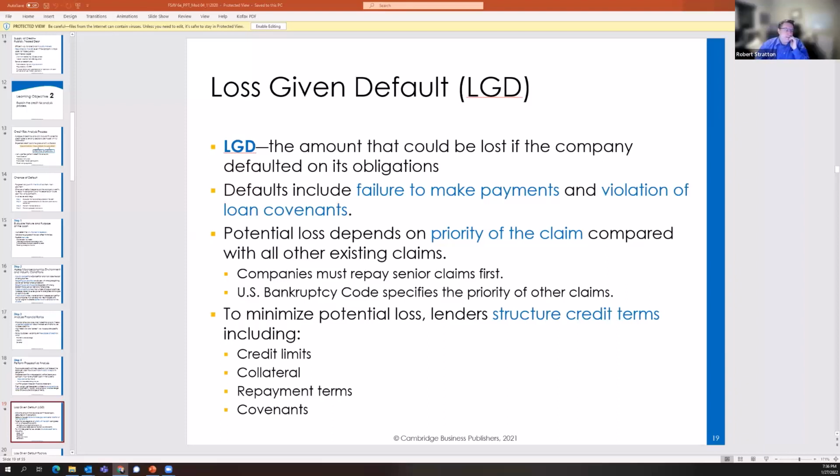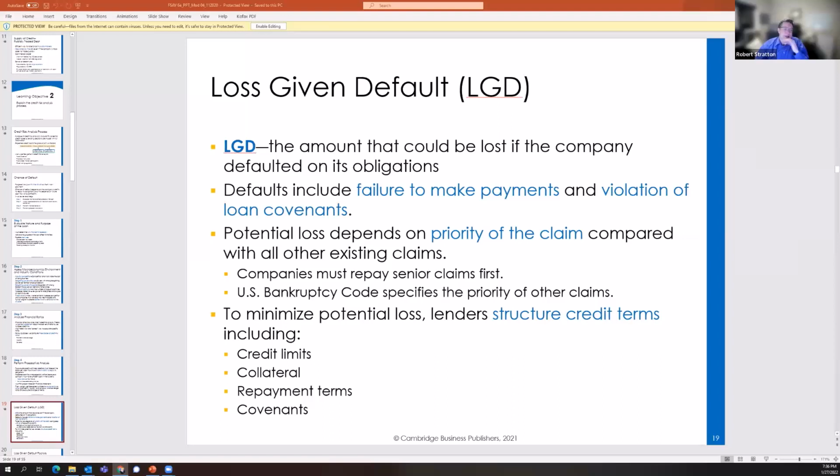But the priority list for a business bankruptcy is, first, the lawyers get their money. So the bankruptcy lawyers get their money first, always. It's good to be a lawyer. And then administrative costs, so the cost to file bankruptcy, the cost to go through the court system, those expenses get taken. And then any taxes, Uncle Sam always gets his money.